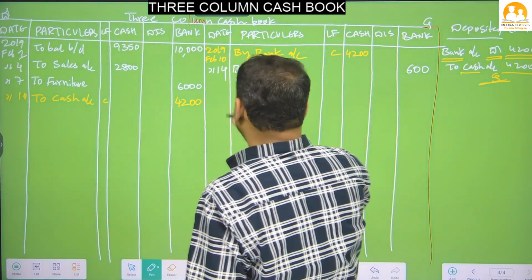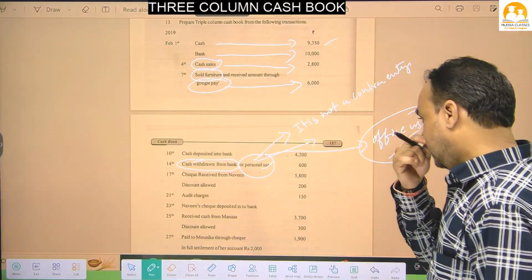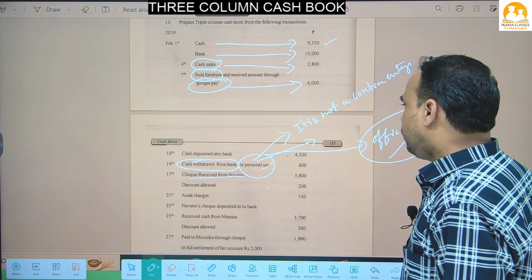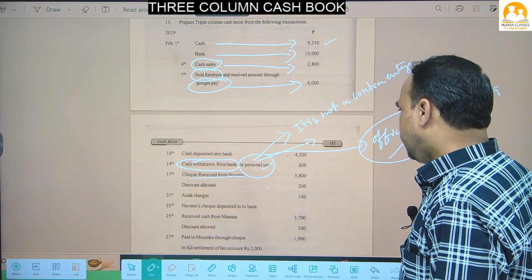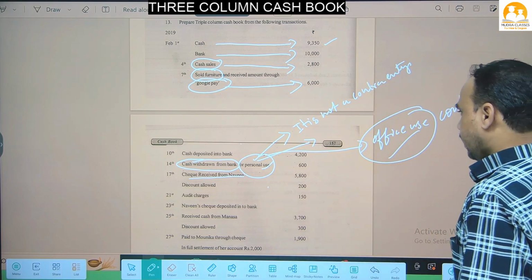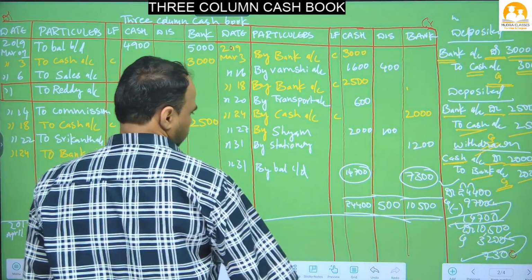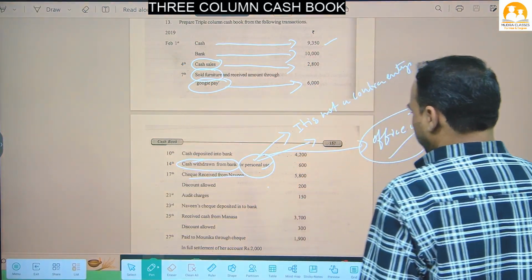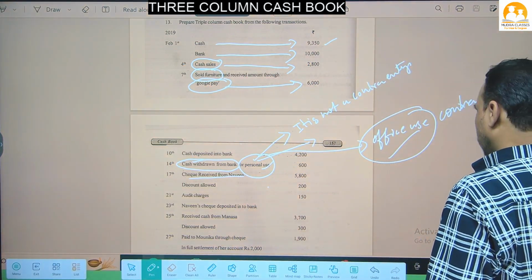That's it, completed. See the next transaction. Check received from Naveen, and not deposited on that same day. So write on the debit side to Naveen. Check received from Naveen 5800, discount allowed 200.